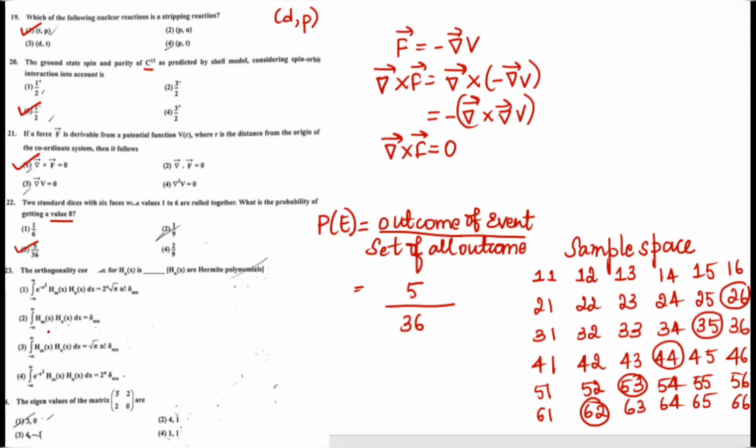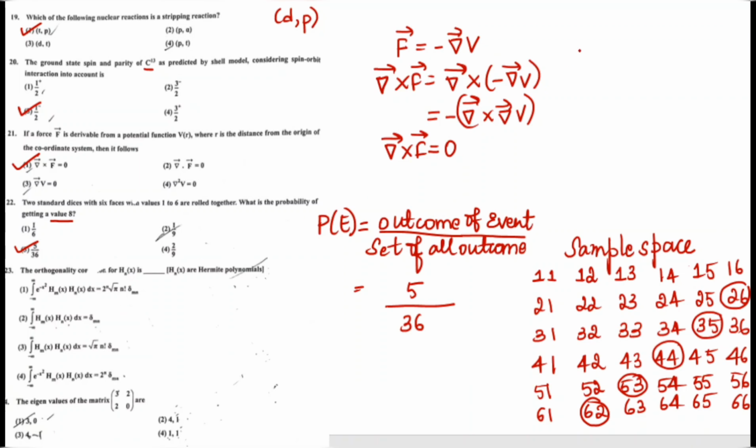Now we will be moving on to the next question. The orthogonality condition for Hn of x is what? They have asked the orthogonality condition for Hn of x. Here Hn of x is a function. It is also a direct question.